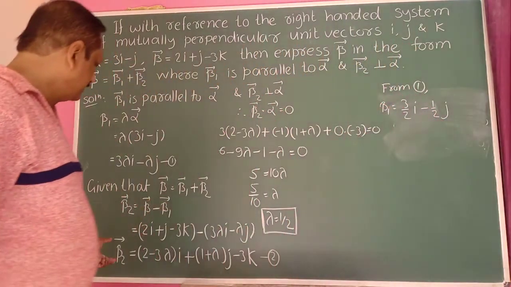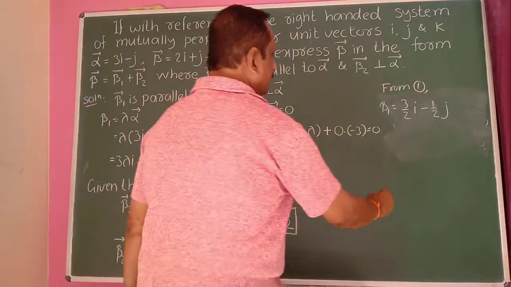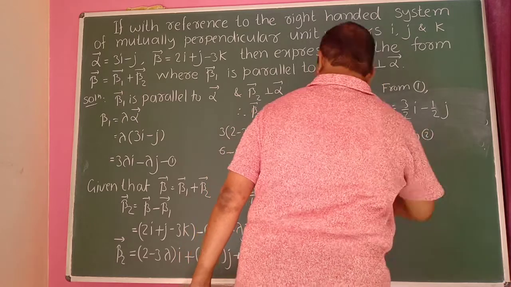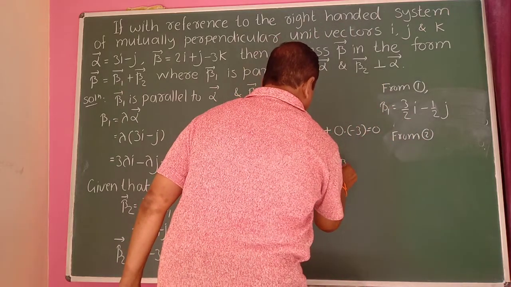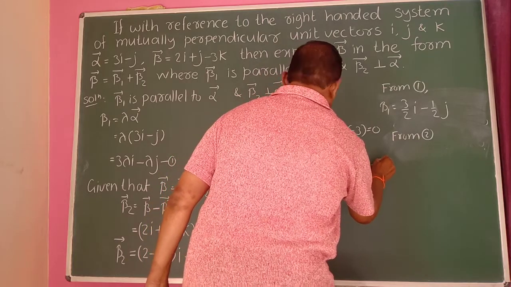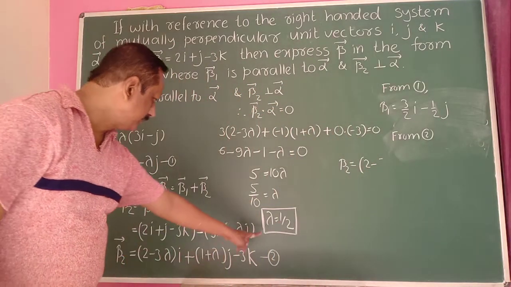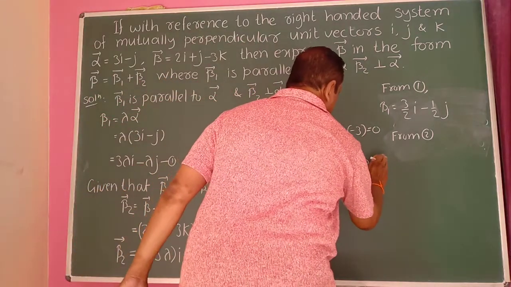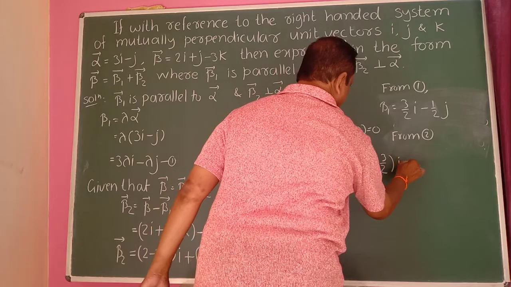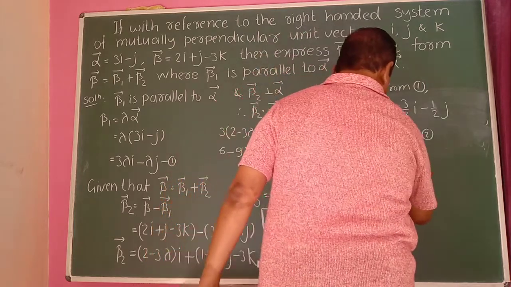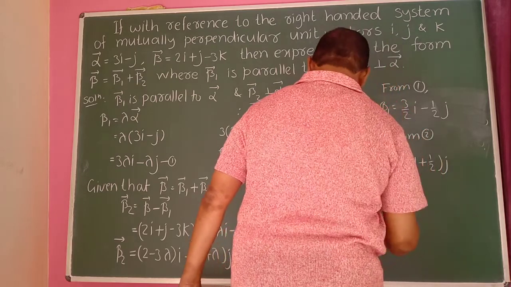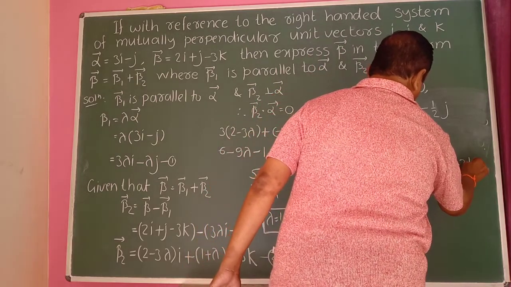And from the second result, from 2, beta 2 is equal to 2 minus 3 into lambda. Lambda is 1 upon 2 here, therefore minus 3 by 2 into i plus 1 plus 1 upon 2 into j minus 3k.